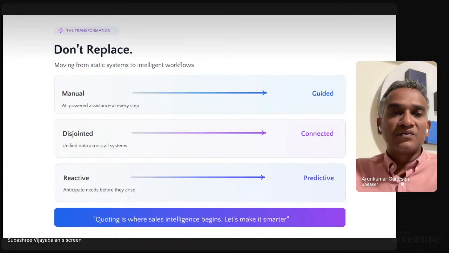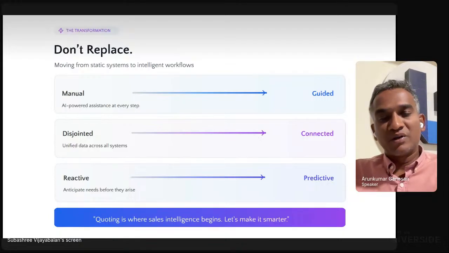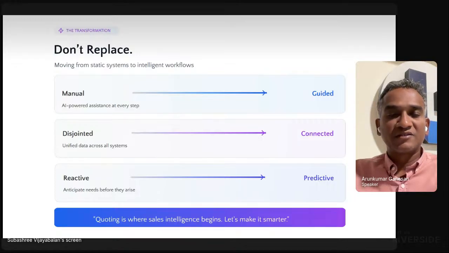And instead of reactive, we should be really predictive, right? Quoting is actually where sales intelligence begins. It should be really smarter, and we have to make it smarter.